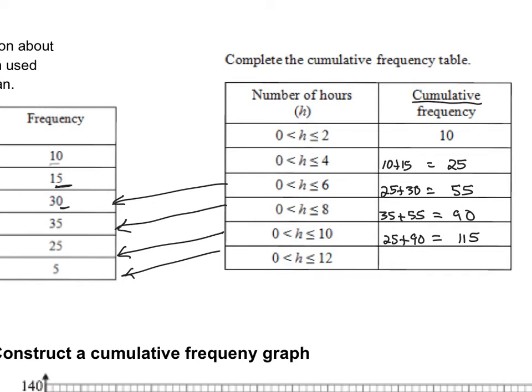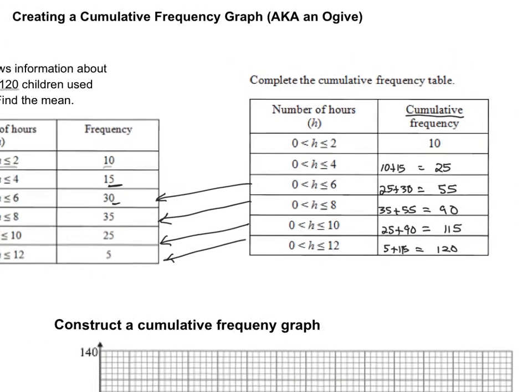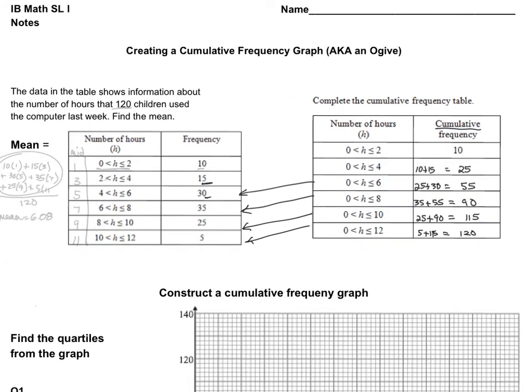And then the last one is my last 5. And that gives me a total of 120. And the thing about this is you need to end up with the same amount here that you have in the problem. You have to have 100% of them when you do the cumulative frequency at the end.